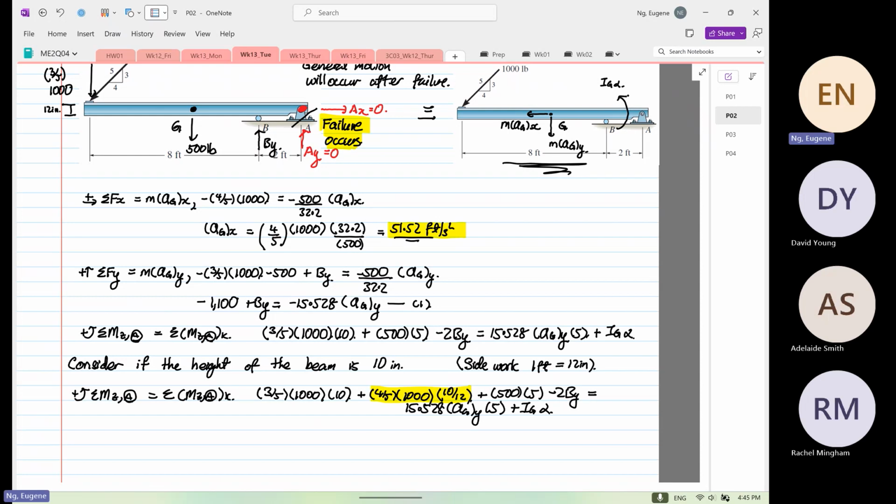The center of gravity is always at the center. Are we clear? Let me repeat the question. The weight of the structure is always acting at the center of gravity. So that's why there's no extra moment.